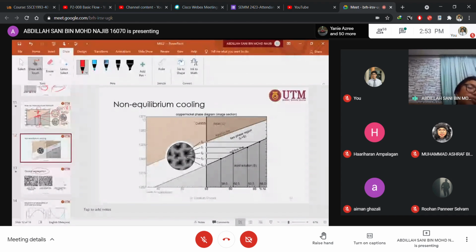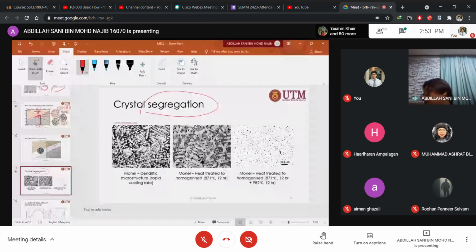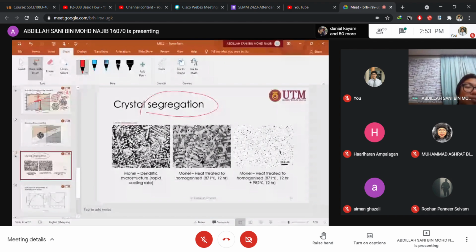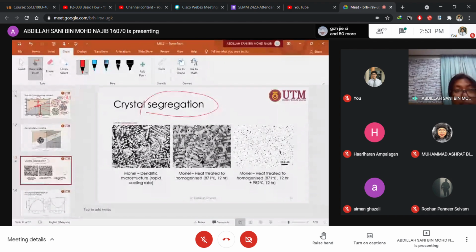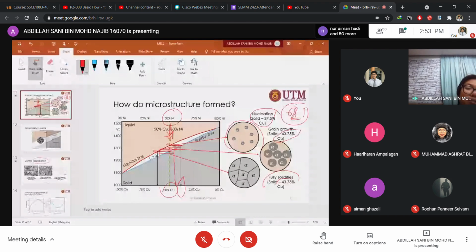So when we heat it back at a certain temperature, for example, this solidification occurs in this range, 1000 something.